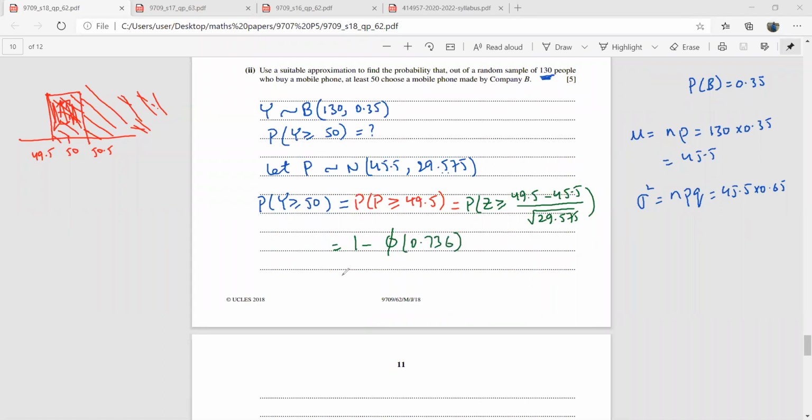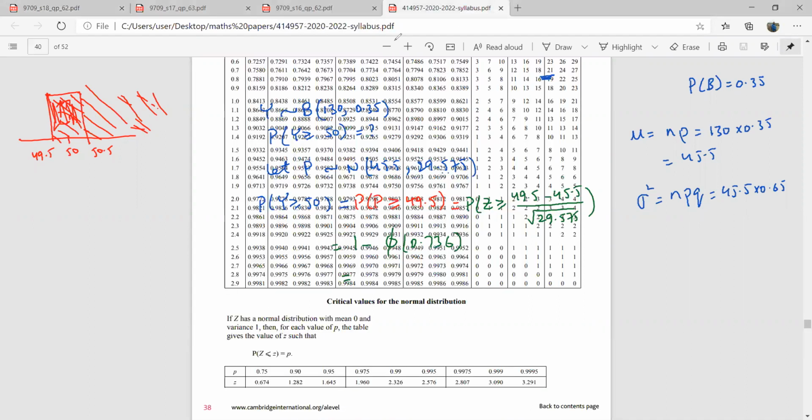So who would help me to find this 0.736? I think I'll have to go myself. 0.736 is here: 0.7, this is 3, and this is against the 6. So that is 0.7691.